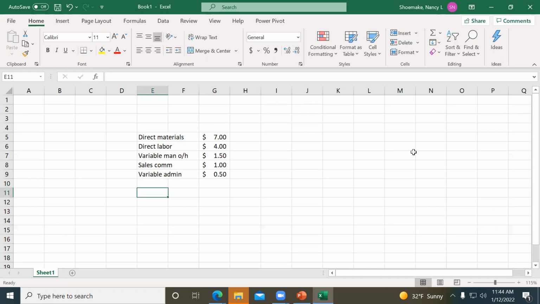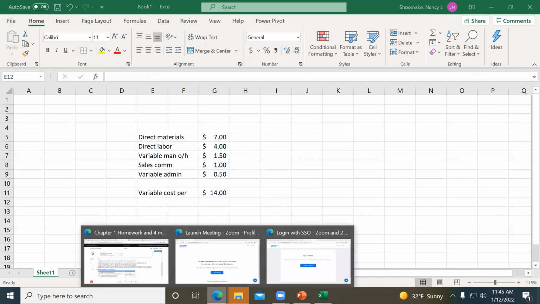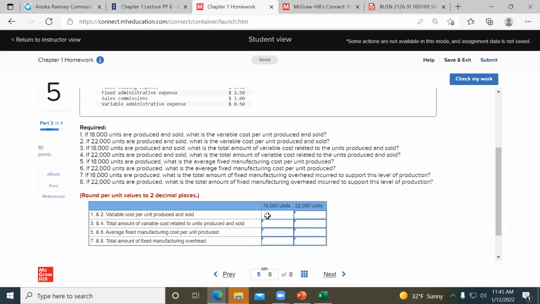So we should have a variable cost per unit of 14 bucks. Okay. And it doesn't matter if it's 22,000 units or 18,000 units, the variable cost is going to be 14 bucks, right?